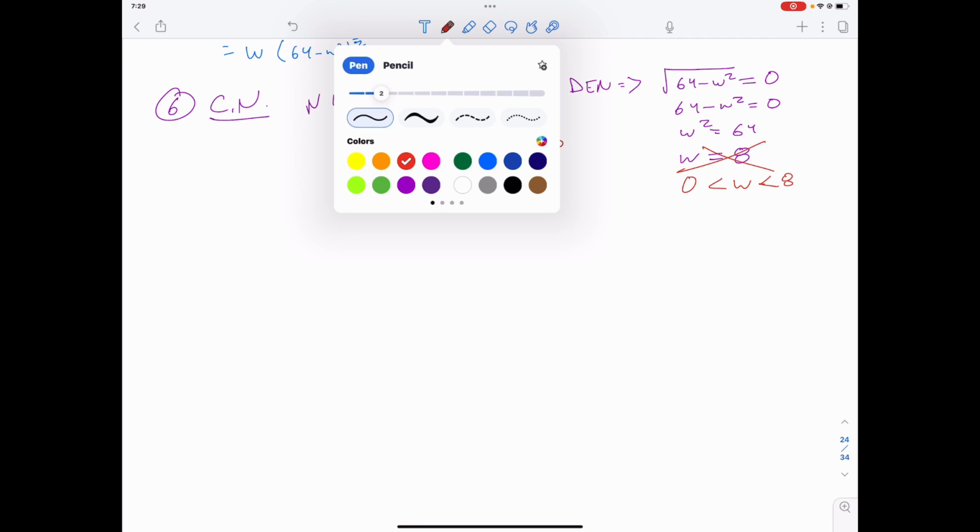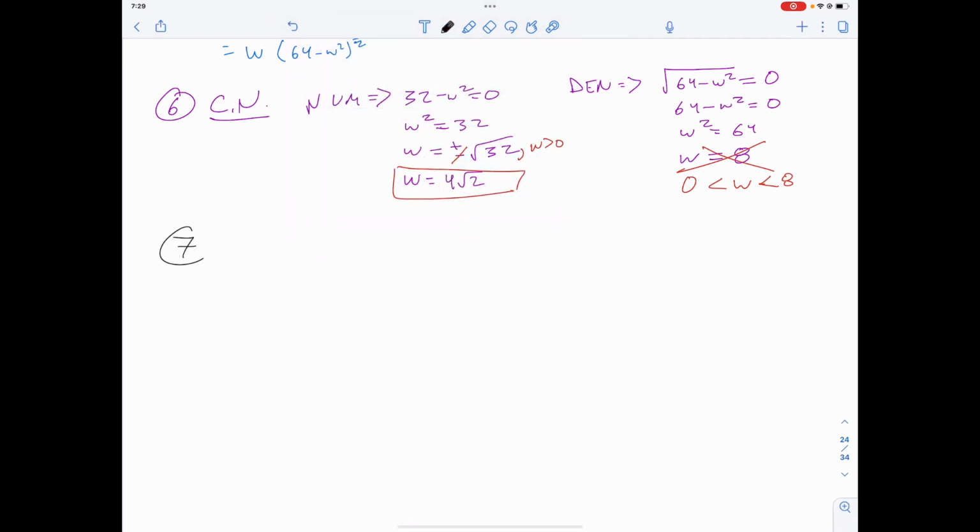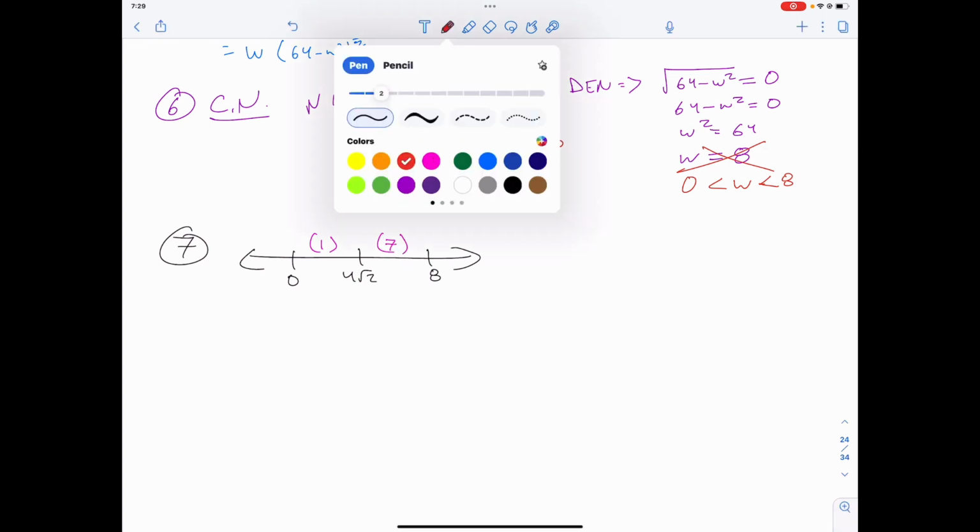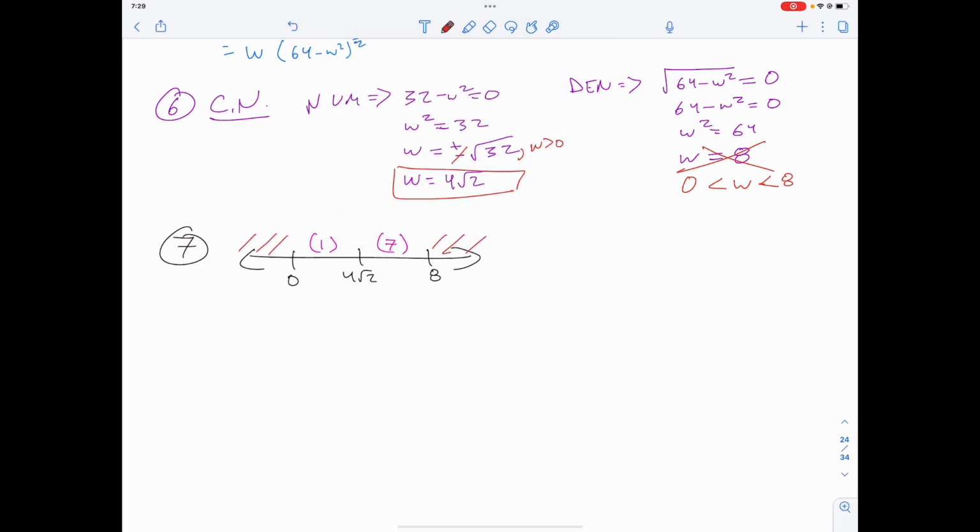I'm going to use that for my first derivative test. Zero, 4 root 2, and 8. I'm going to pick numbers that fit into here, like 1 and 7. And I know that it can't possibly exist out here or out here.